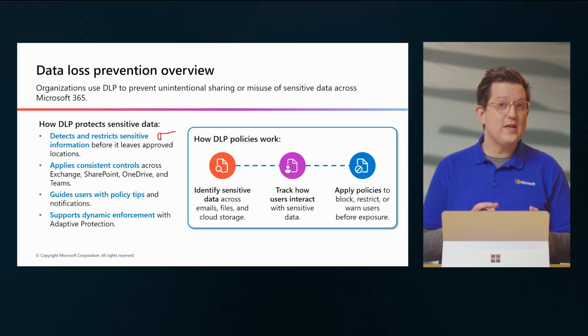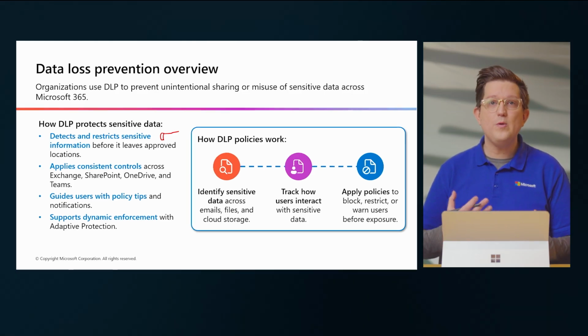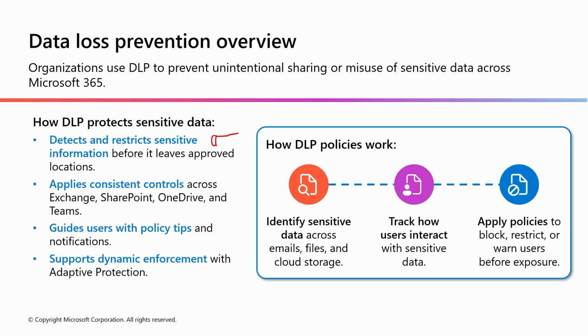Once we are able to do that identification, we can then apply consistent controls on how we want that data to function, what happens when we find it across a wide range of different systems. So no matter whether you are working within Exchange, SharePoint, OneDrive, effectively whatever you need, we can make sure that the protective actions you're working with are going to have a consistent behavior.